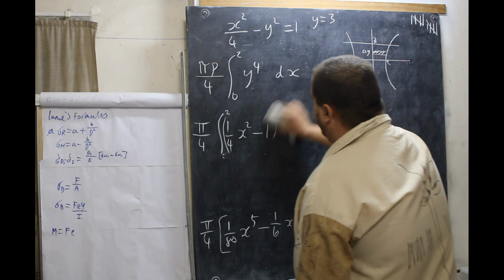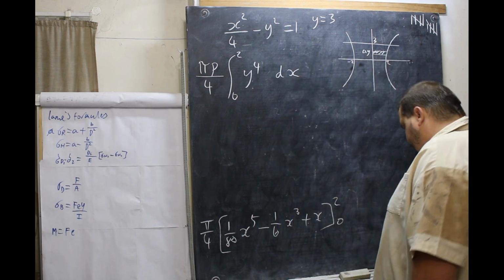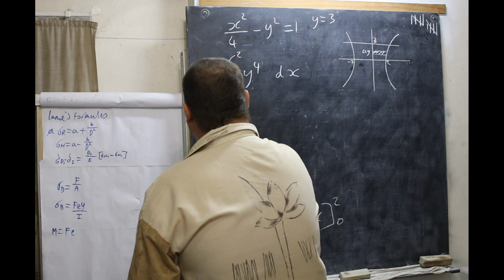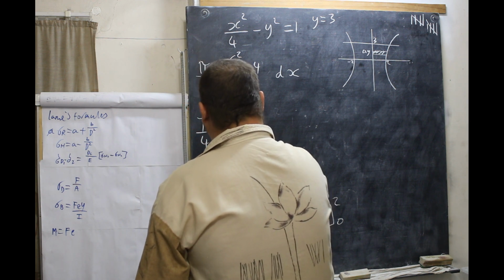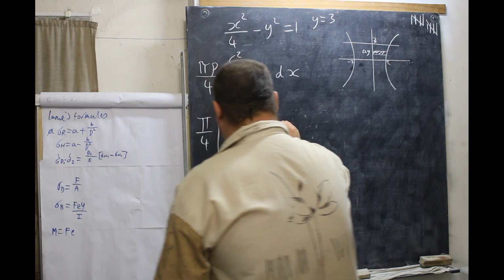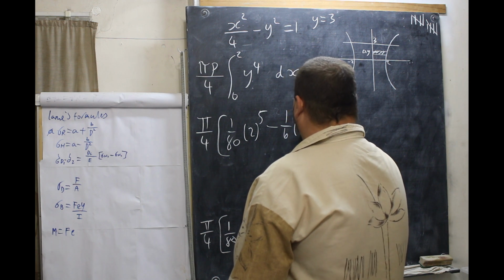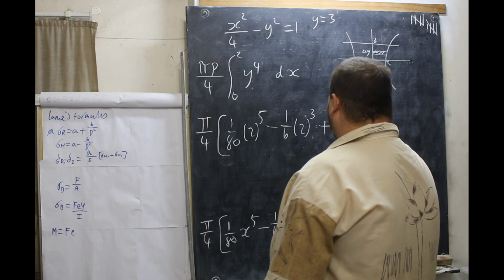We just want the 2. So it'll be pi over 4 times 1 over 80 times 2 to the power 5, minus 1 over 6 times 2 to the power 3, plus 2.